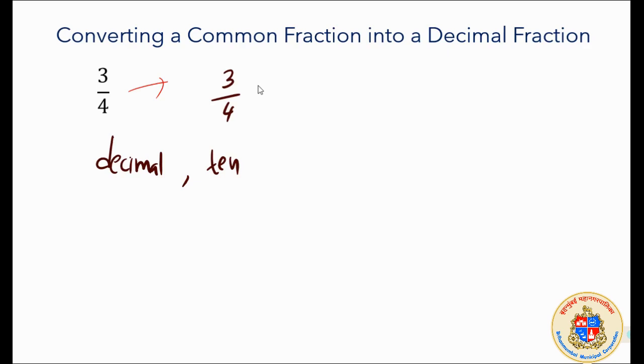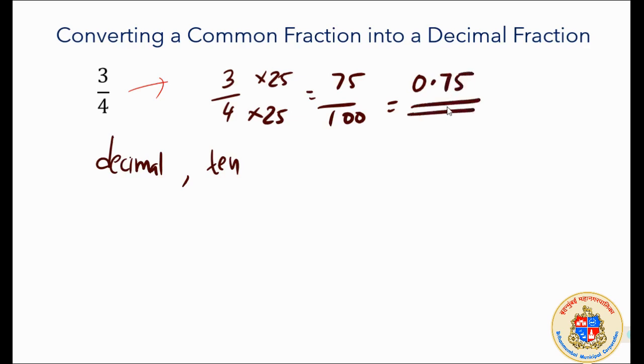I would say that if you multiply this with 25, it will easily get converted into 75 upon 100, and the decimal fraction will be 0.75. This is the common and simplest way. That means you should convert the number into a number with denominator multiples of 10, like 10, 100, then 1000, etc., so that it will be easy for you.